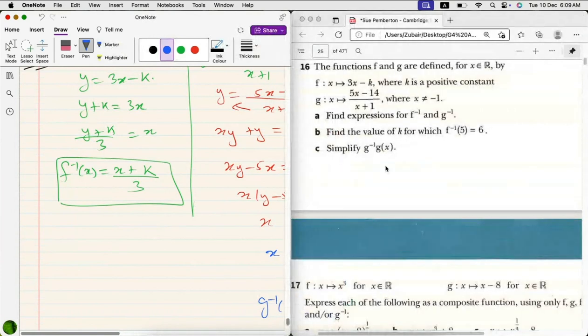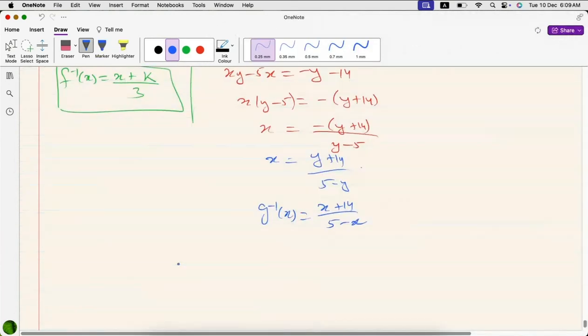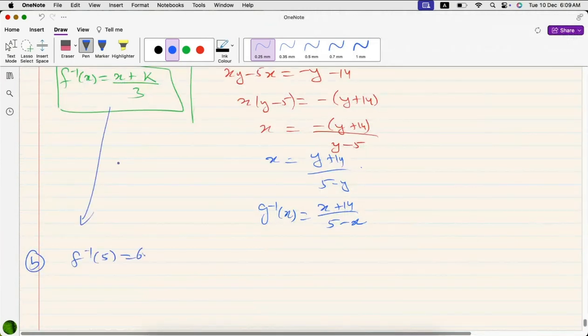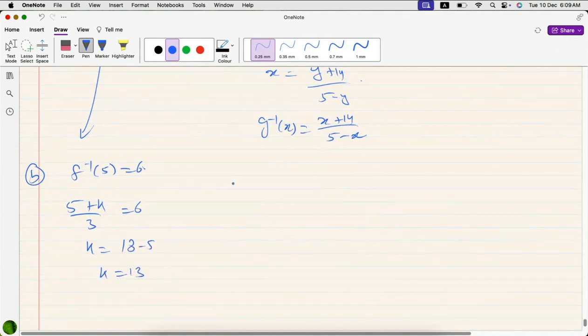And then it says f inverse 5 is equal to 6. So we copy that equation and substitute 5. k is equal to 18 minus 5, k is equal to 13.